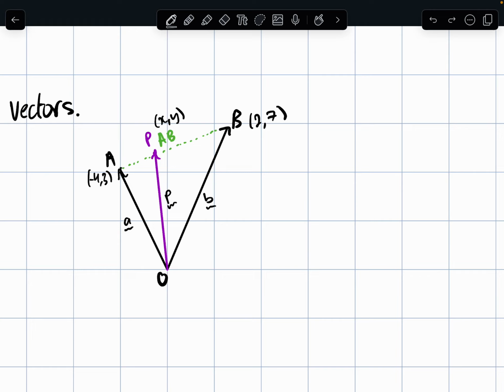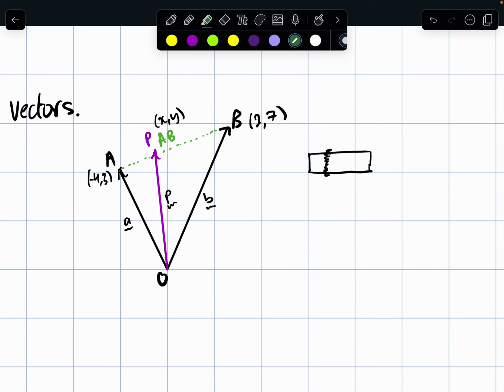So if you imagine a chocolate bar or something, pretend this is the wrapper. So you break it up into 4 parts.